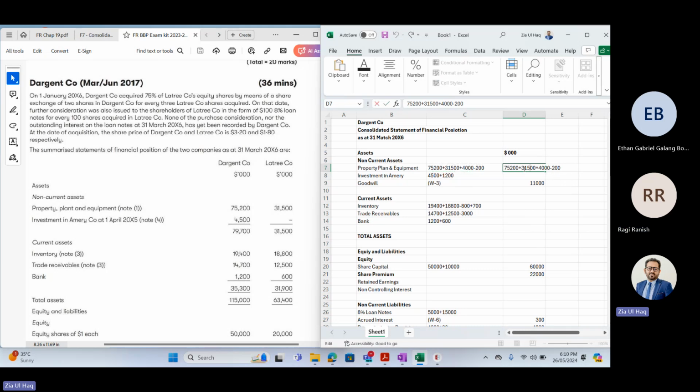Let me check. Control C, equal to, Control V. Now it's coming.